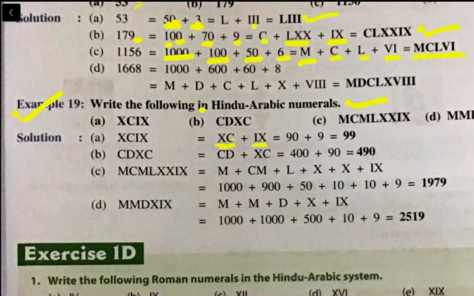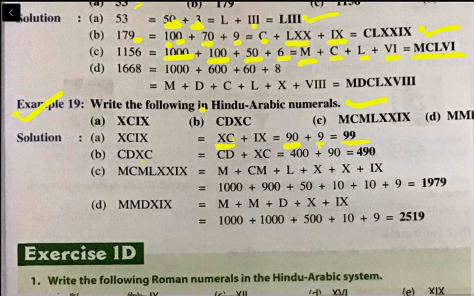XC: C stands for 100 and 100 minus 10 is equal to 90, and IX: X stands for 10, 10 minus 1 equals 9. It means 99.